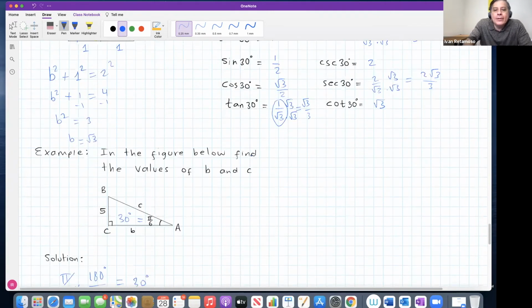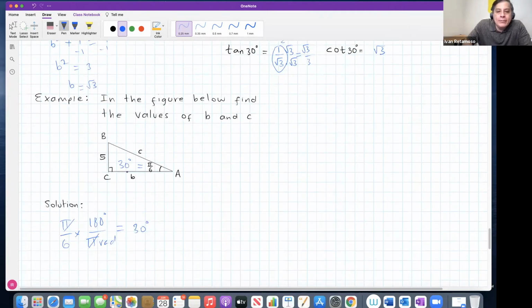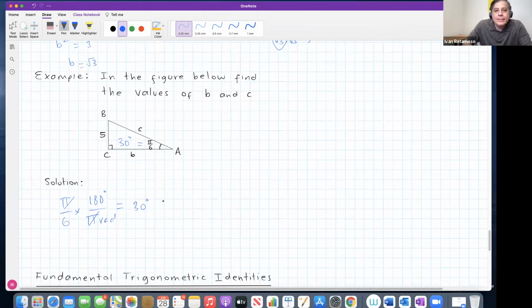So you are trying to find the value of B, for example, right? So use a trigonometric function that is going to relate 5 with B. And what would that be according to SOHCAHTOA? Well, I want the opposite and the adjacent to be related. I should use tangent, right? So tangent of pi over 6 equals what?